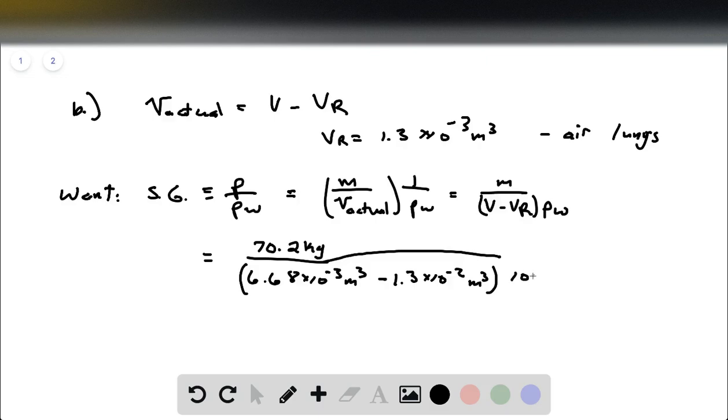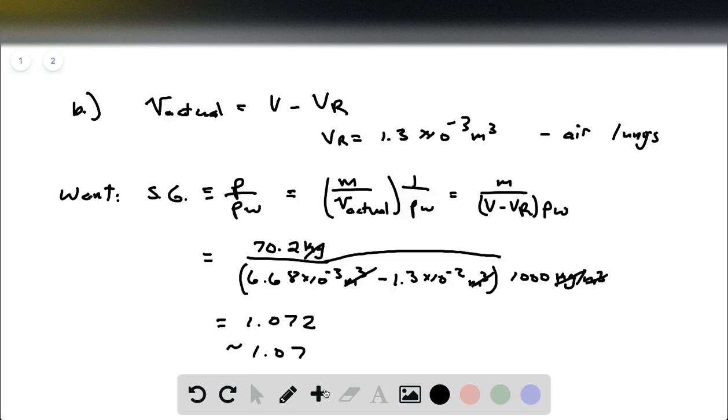And then the density of water is 1,000 kilograms per meter cubed. So you'll see that the units of meters cubed will go away here in the denominator. And the units of kilograms also cancel out, which is good because the specific gravity is a ratio of densities. It should be unitless. So if you plug all these numbers into a calculator, you get 1.072, so about 1.07, keeping it to 3 significant digits like we're given in the problem.